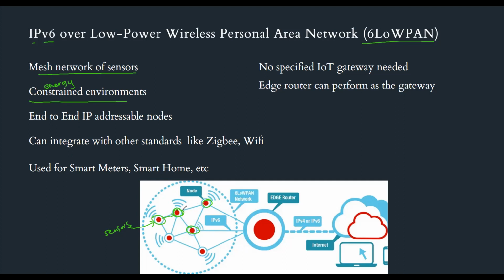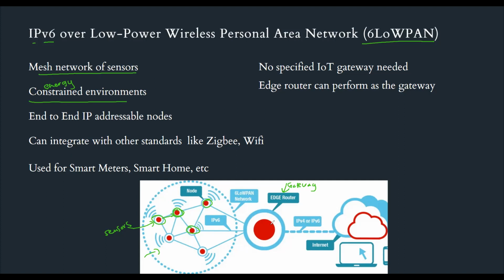So for cases where we monitor environments in remote locations, these sensors collect the data and send that data to the network, right? So at the edge of the network coverage, we have an edge router, right? So the edge router performs as the gateway that collects all the data coming from the sensor nodes, and converts that network protocol into the other network protocol, or connects one type of network to the other type of network.